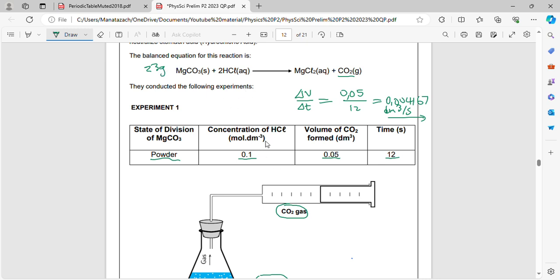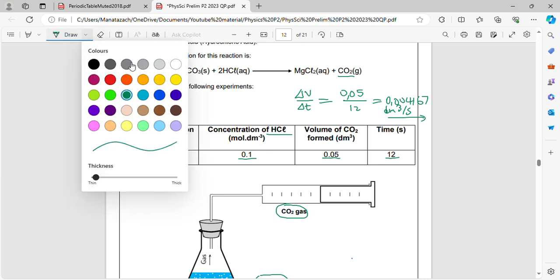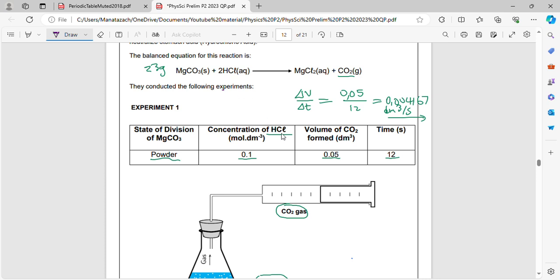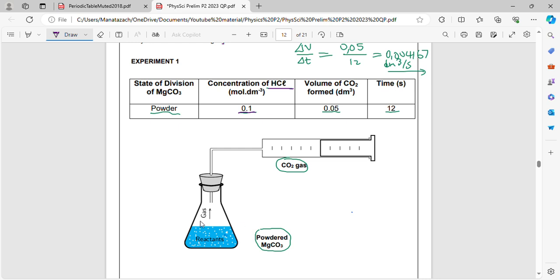And when it comes to hydrochloric acid, let me use a different color. The concentration is 0.1, but our flask has a volume of 5 dm cube, which we're given. And then we have to identify the limiting reactant.